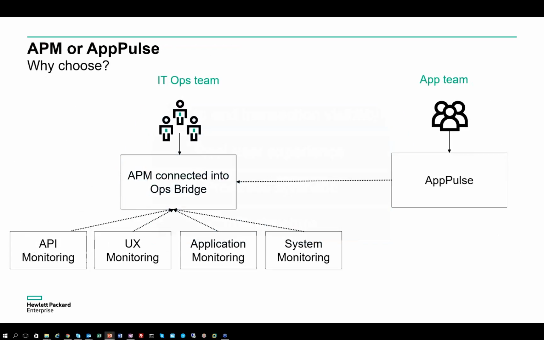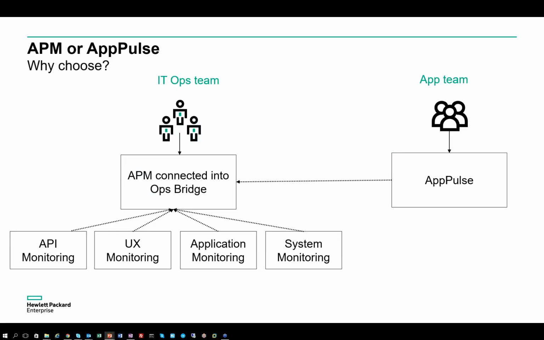Now, some of you would ask, do I need to choose between one and the other? And our perspective is that you don't have to choose. It depends on where your application resides, what type of application you're running, and who your users are.